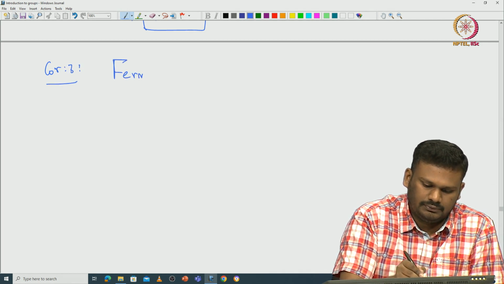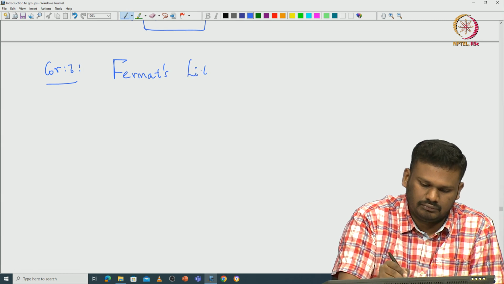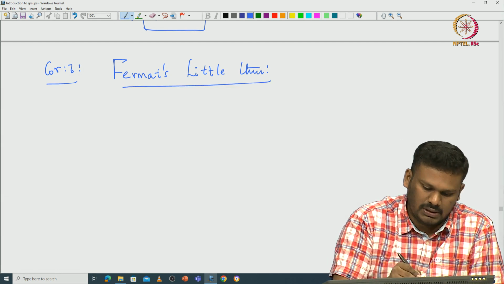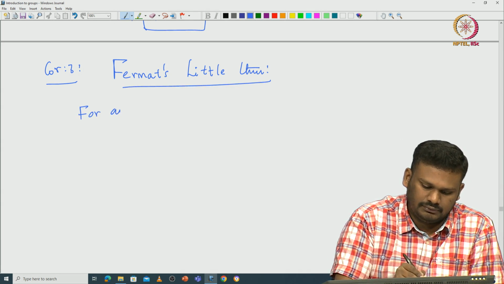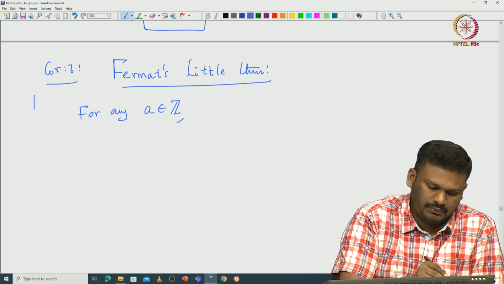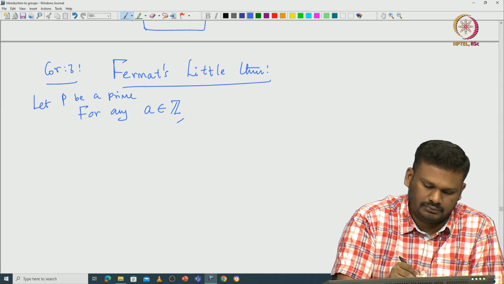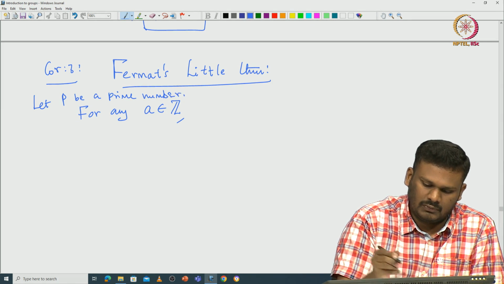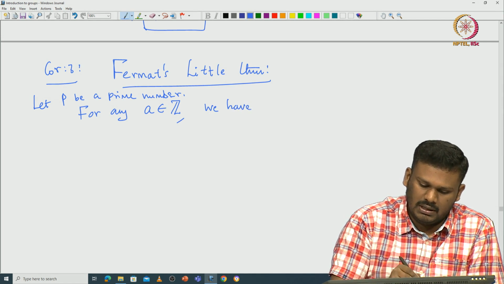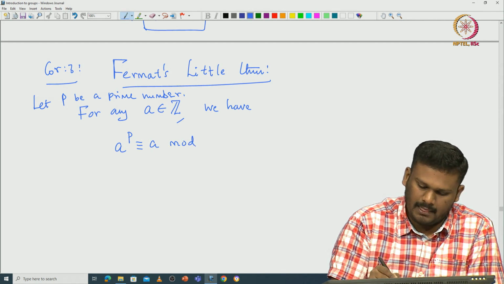Fermat's little theorem asserts a congruence: let p be a prime number, and for any integer a in Z, we have a power p is congruent to a modulo p.